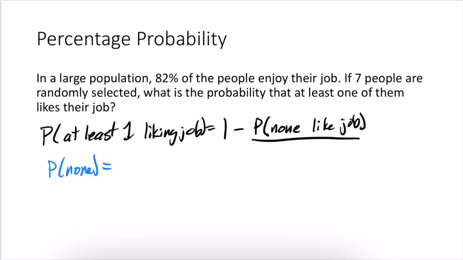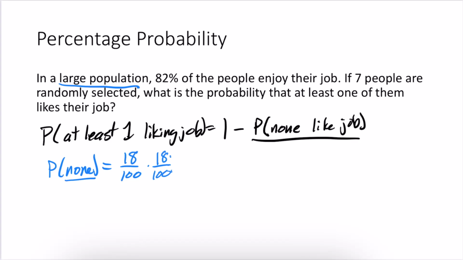So if I want to find the probability that none of the 7 people like their job, then I have 18 out of 100 for the first person not liking their job. Then I have 18 out of 100 for the second person not liking their job. Because remember, these are percentage measurements, and in a large population, the percentage isn't going to change very much if you take 1 or 2 people out of it.